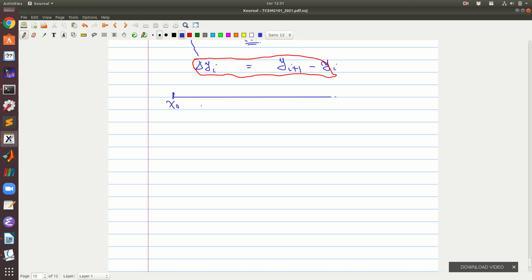So let us assume that we are starting at x naught, where our i is 0. So we can write that the forward difference operator at f of xi, where i is 0, can be written as f of x naught plus h, minus f of x naught.